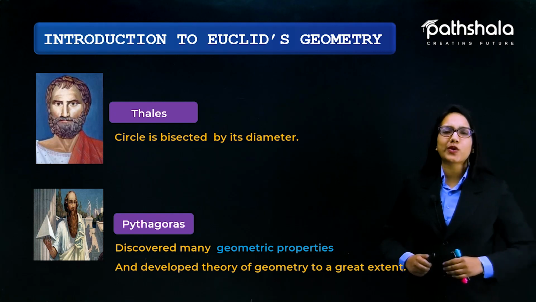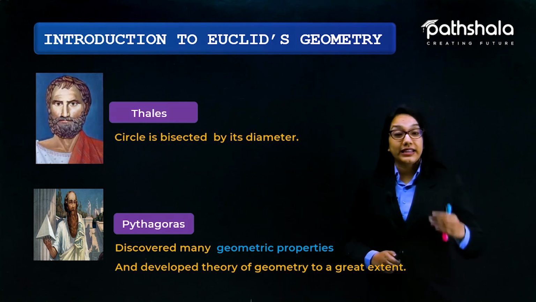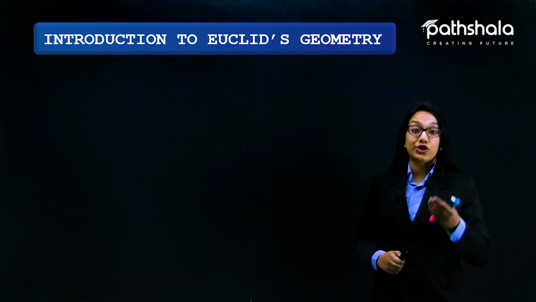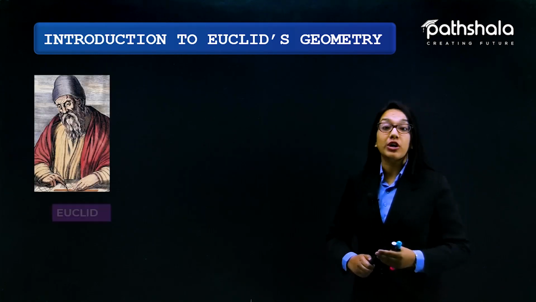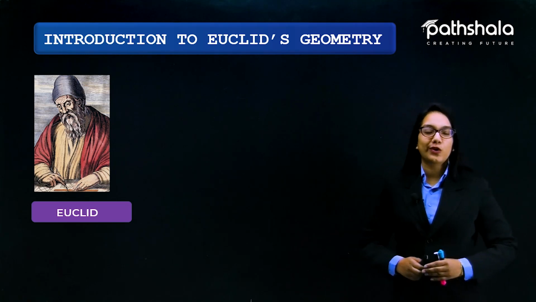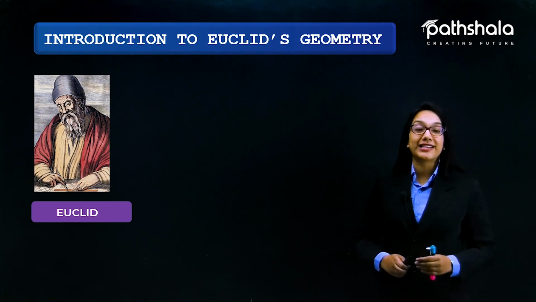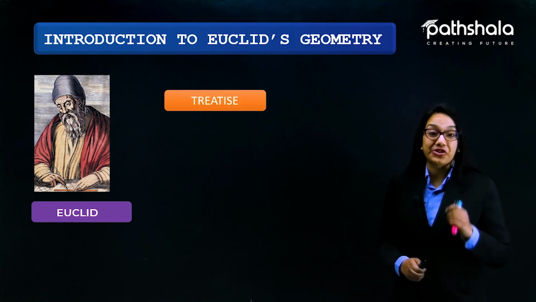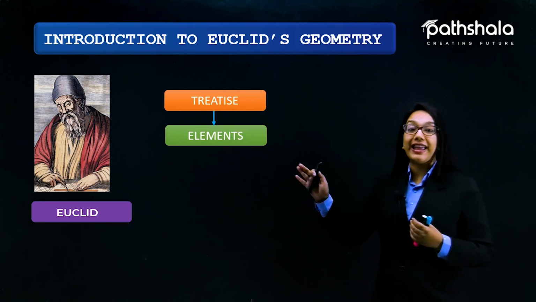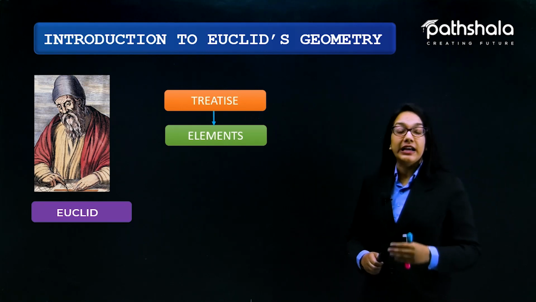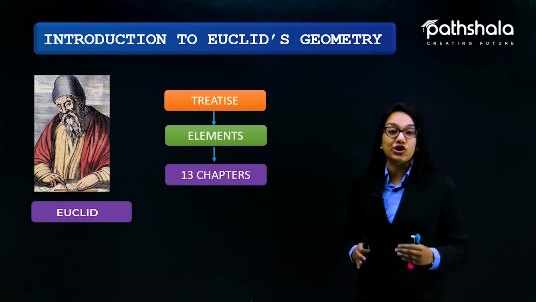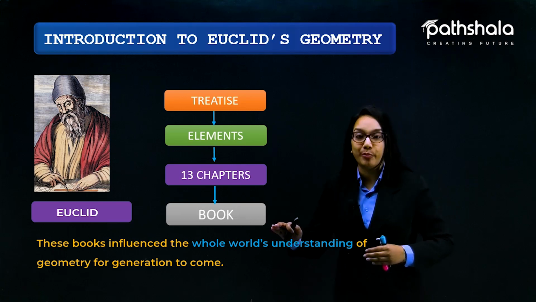This process went on till 300 BCE, when a teacher of mathematics named Euclid collected all the known works together and called them a treatise, known as the Elements. He divided the Elements into 13 chapters, each called a book.